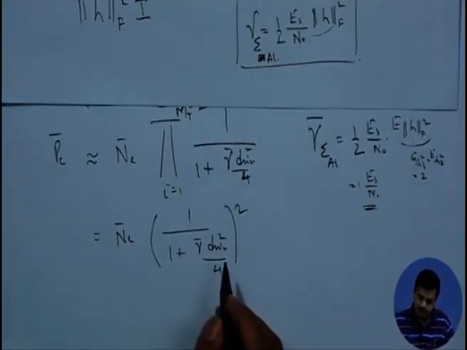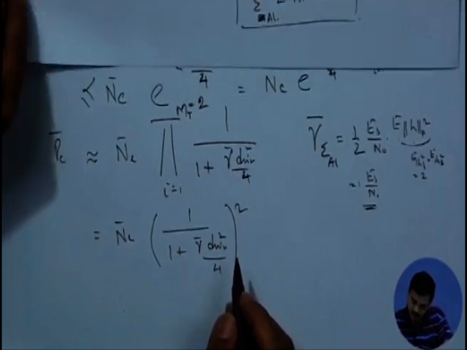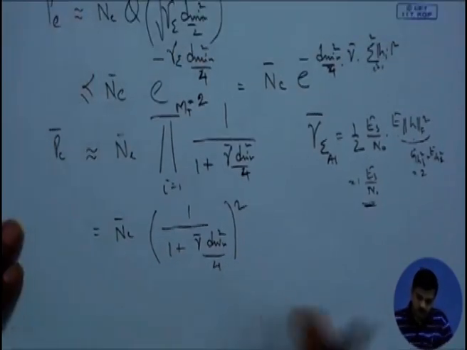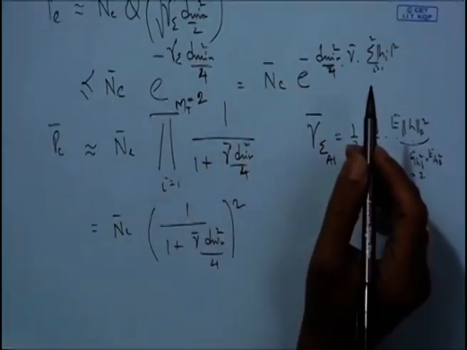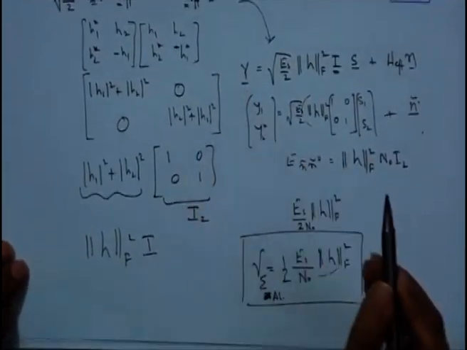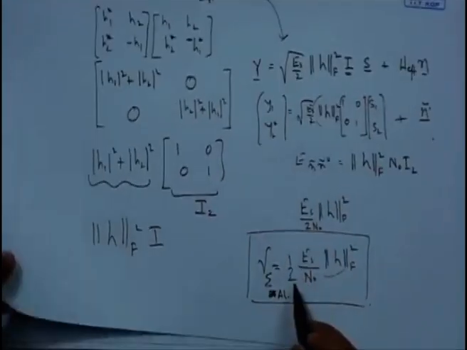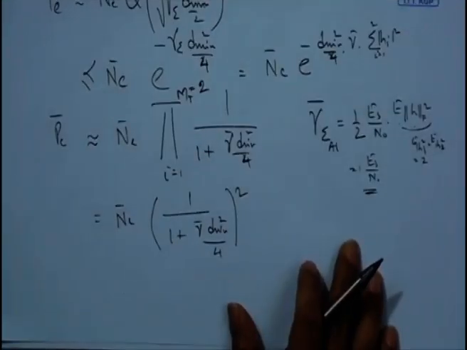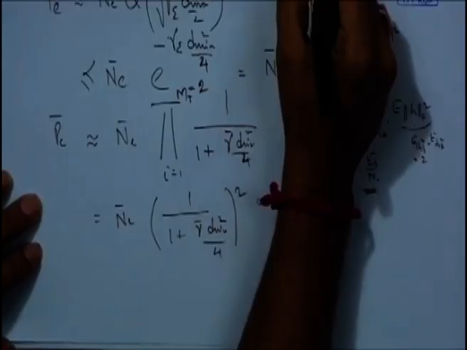So with this we have, sorry, just a second, we have gamma bar, half of this, half Es by N naught.